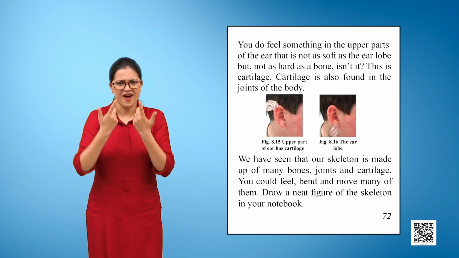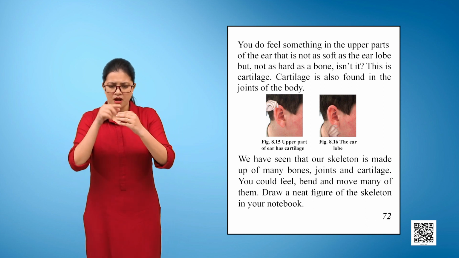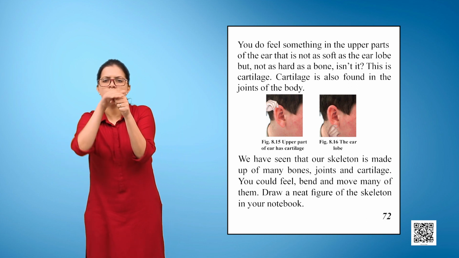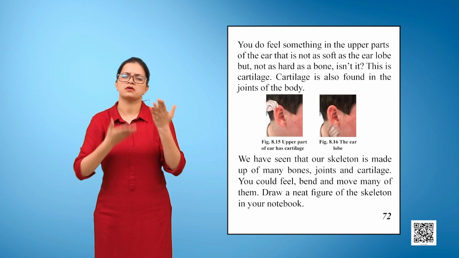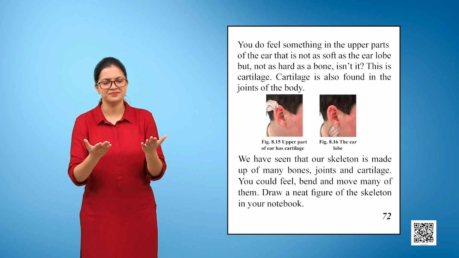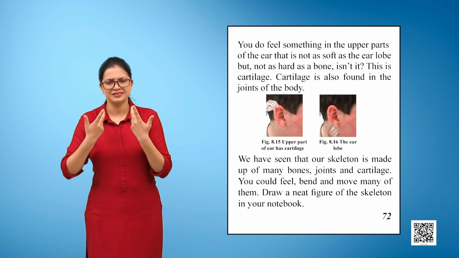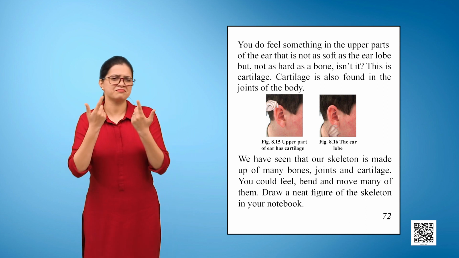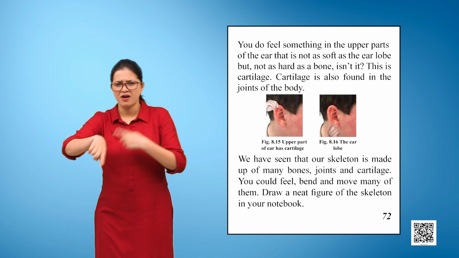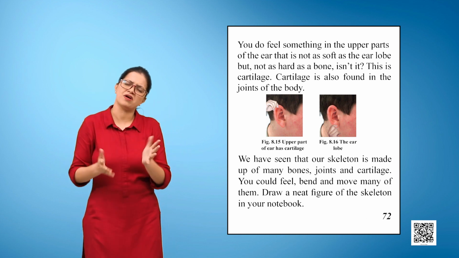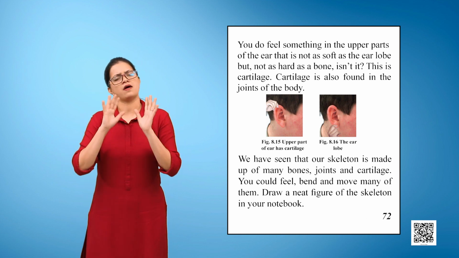We have seen that our skeleton is made up of many bones, joints, and cartilage. You could feel, bend and move many of them. Draw a neat figure of the skeleton in your notebook.